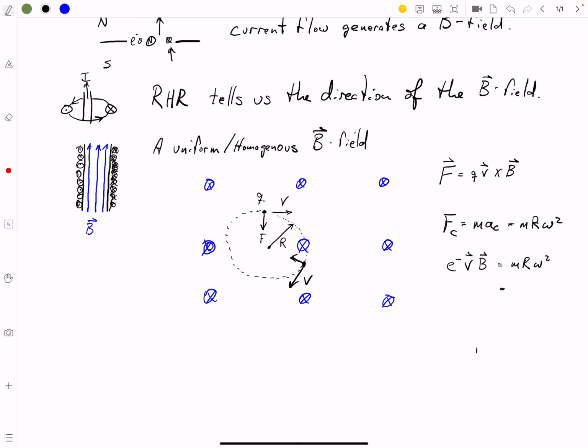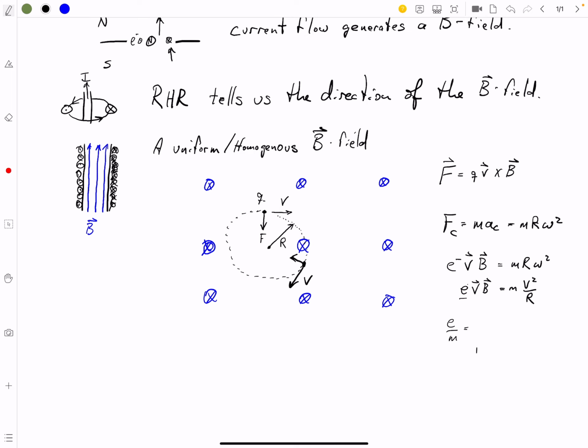It could also be equal to M V squared over r. And that's our charge. So we can do things like come up with the charge per mass ratio.